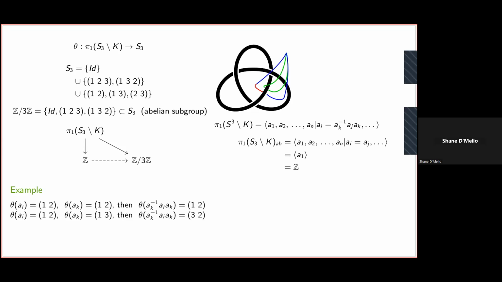So once again, there will be some homomorphisms which send everything to the identity. There will be some homomorphisms which go into Z mod Z3, and therefore they're the same for any knot. So we disregard those ones, right?